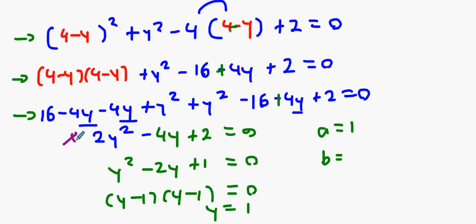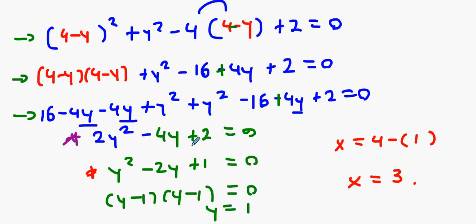Did you use the purple one or the red one? You should have had a equals 2, b equals minus 4, c equals 2. Different numbers. Alright. So now that we know that y equals 1, what can we say about x then? X equals 4, take away y, and what's y in this case? 1, and x equals 3.